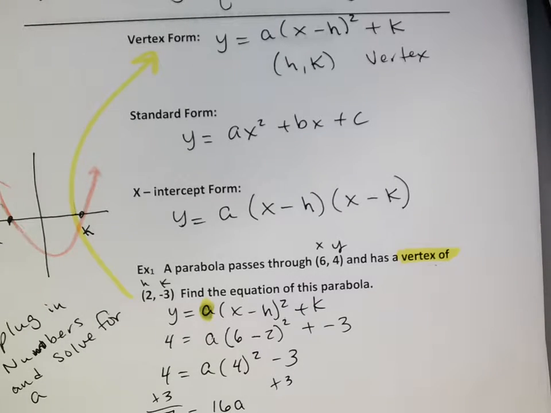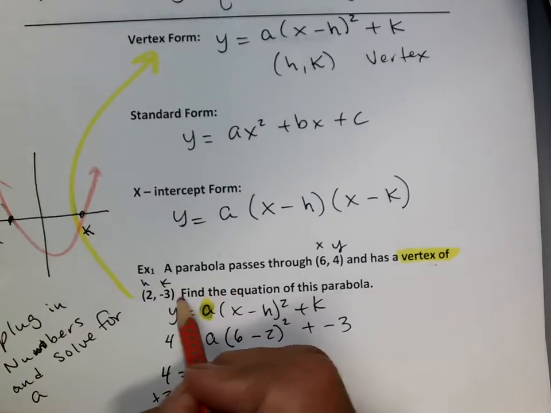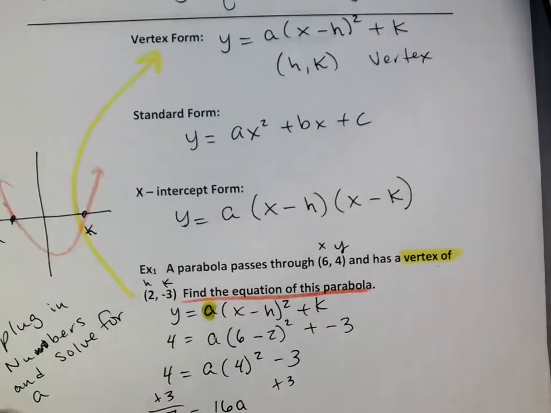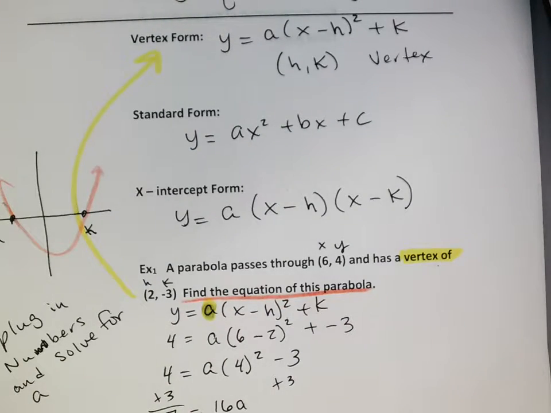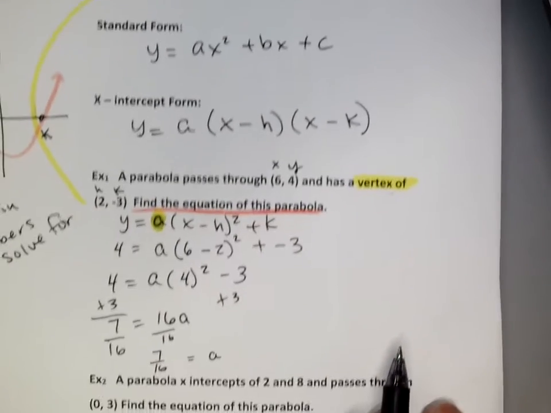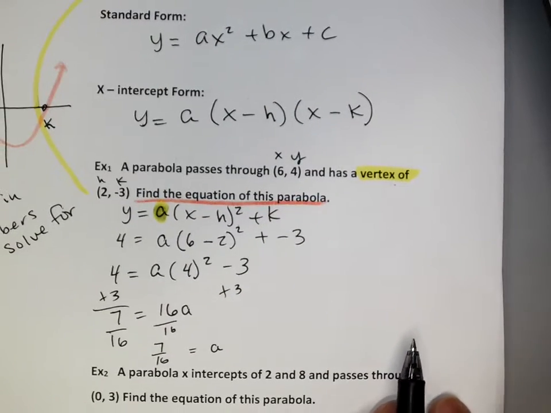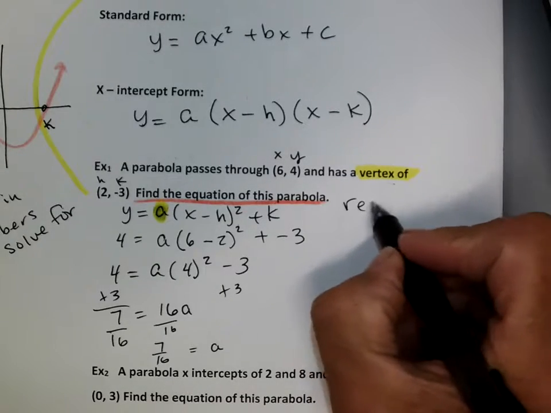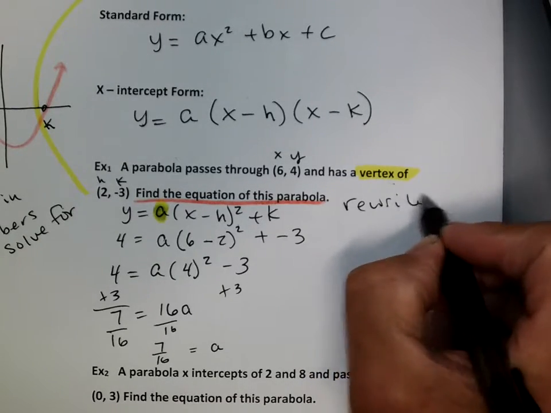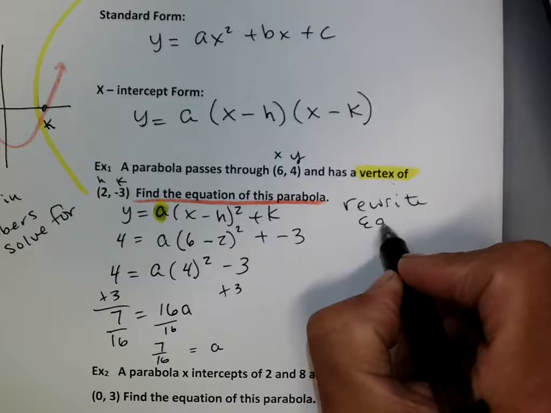Now, I'm looking for the equation, right? That's the question. It says find the equation. So I'm going to rewrite the whole thing with all the correct things in there. If I'm going to rewrite the equation, I got to make sure I have X and Y in there. So let's rewrite the equation.